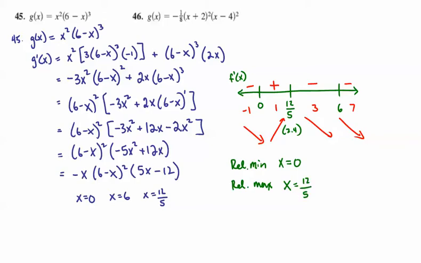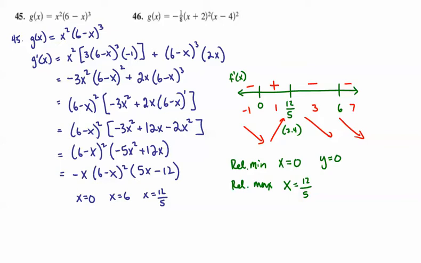And we can plug these values back into the original function to get the corresponding y values. But x equals 0 should be y equals 0. 12/5, I'm not even going to worry about that. And that will do it. That finds the two relative extrema that we have at 0 and at 12/5.